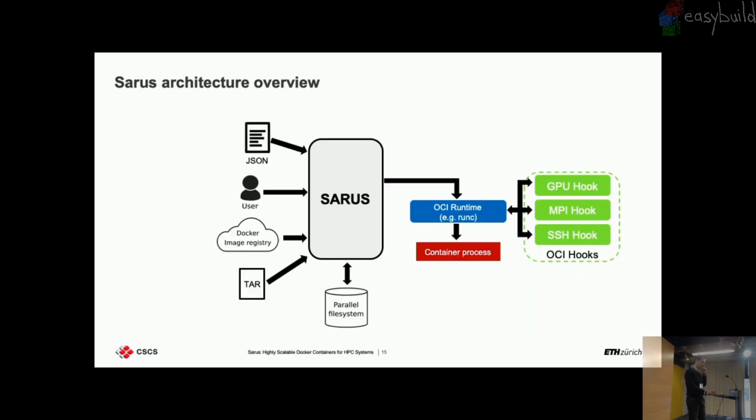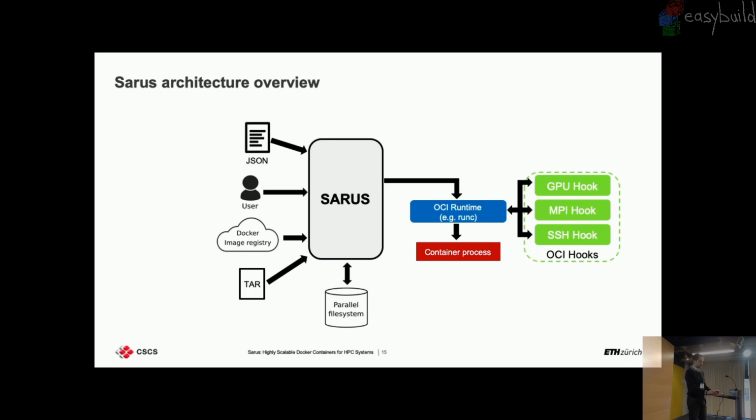Now, the architecture overview of Sarus is as follows. You have Sarus, which is aware of the parallel file system below that. It takes either the containers from the Docker Hub, so the Docker image repository, or from an archive file that you can have locally. There is a set of JSON files for the configuration of the tool with some restrictions of the permissions and capabilities of what the user can do.